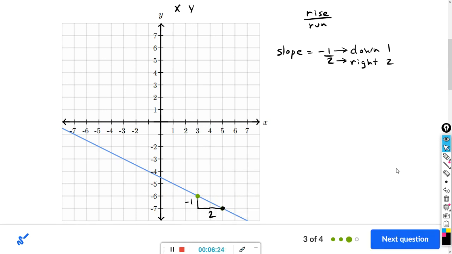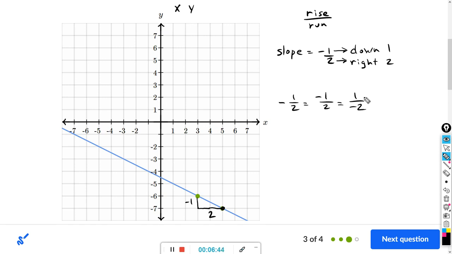Okay. Now just so you know, like I said, the slope was -1/2. So you can put the negative in the numerator or you can put it in the denominator. Okay, that's all the same thing.